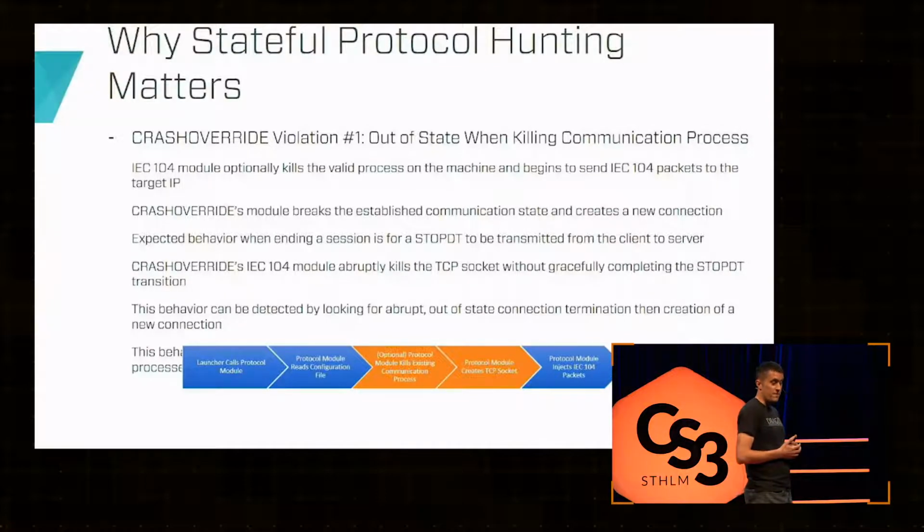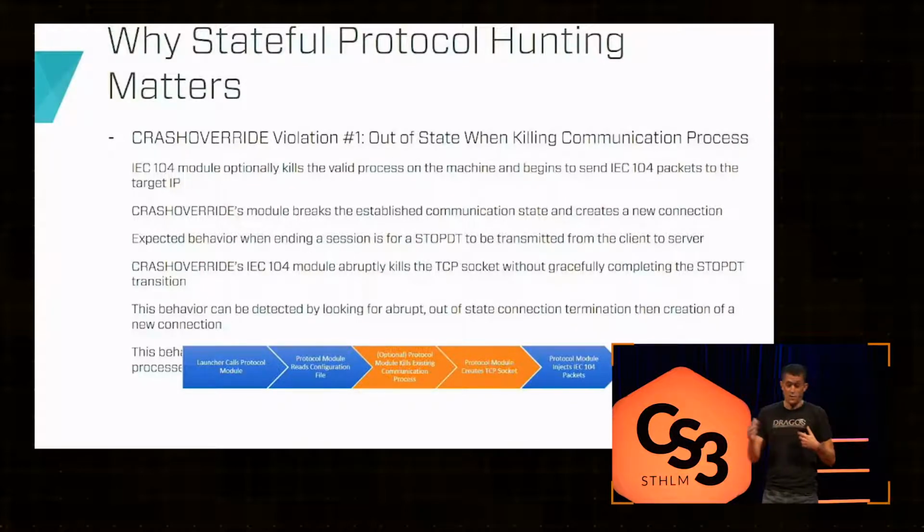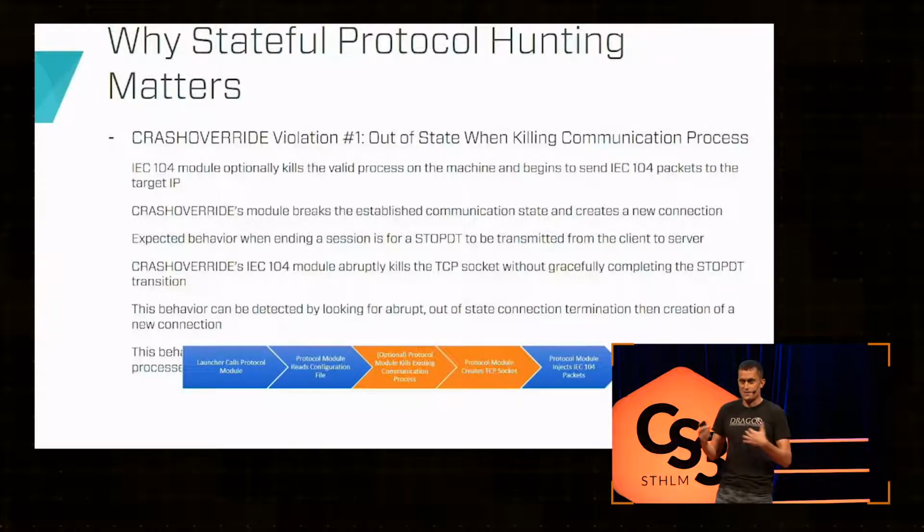Tools like Snort would find this because it looks for those session establishments. We put this in there because it's interesting how whoever wrote Crash Override didn't really account for this. So this can be found quickly by looking for those abrupt out-of-state connections, and I'll show on a diagram what that looks like in some of our output.